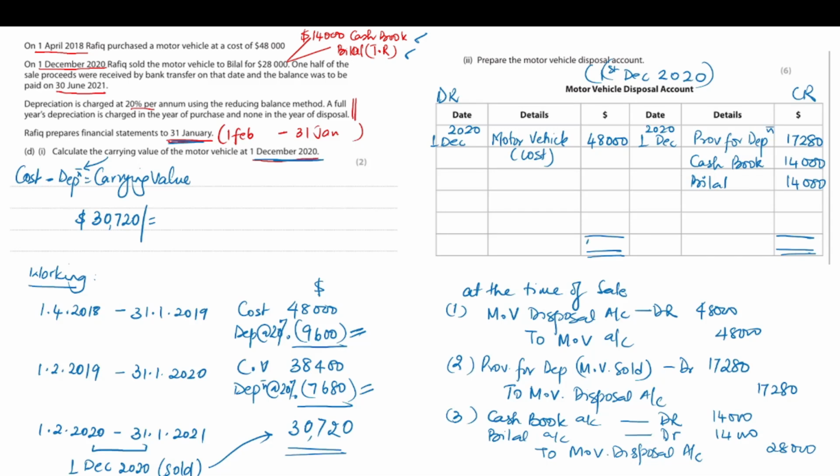So this gives me 48,000. This is 48,000. There is a difference. How much is the difference? We'll work out the difference.